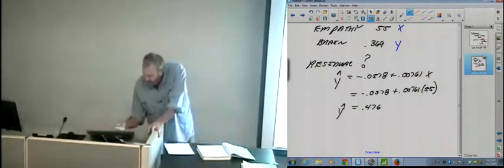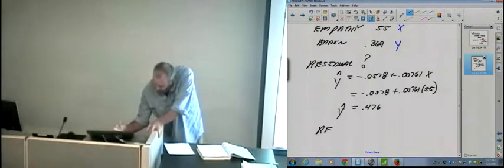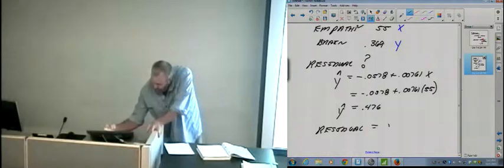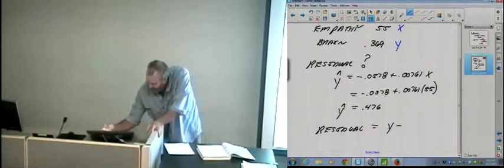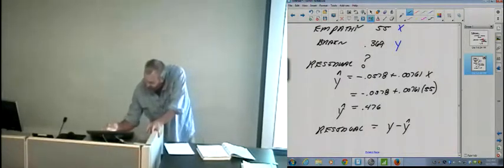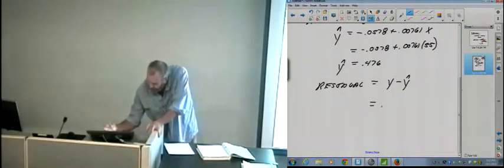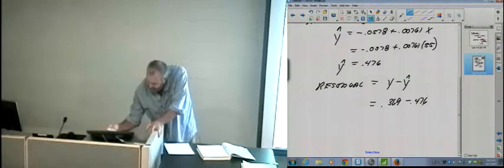So the residual is always the observed, a y, minus the predicted, a y hat. So you're going to take your 0.369 minus your 0.476.